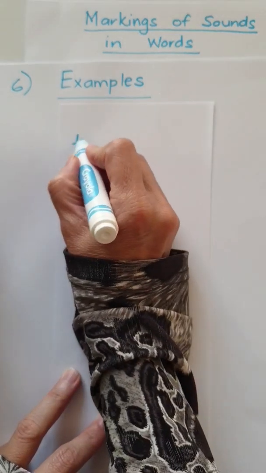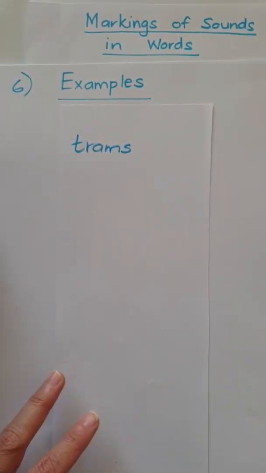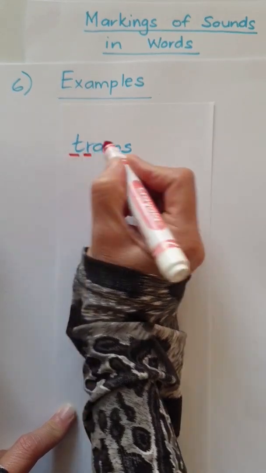Now we are going to look at some examples that might have digraphs, blends, suffix s, and there could be a mixture of them. The first word we're going to look at is the word trams. So write the word trams. Now I know that the word trams has a blend, which is the tra, so I'm going to give each one an underline.